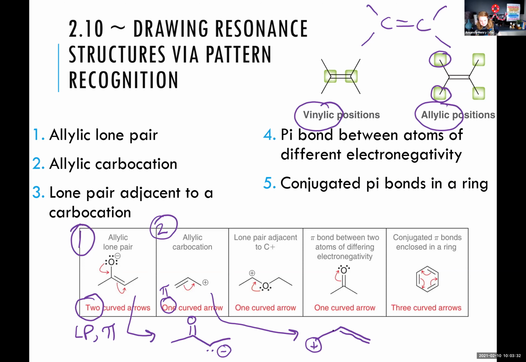All right, number 3 is a lone pair adjacent to a carbocation. So we have 1 arrow. It's going from the lone pair towards that carbocation. Let me redraw that structure up here.